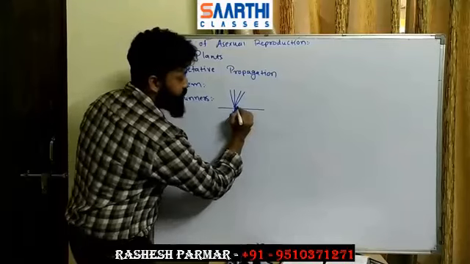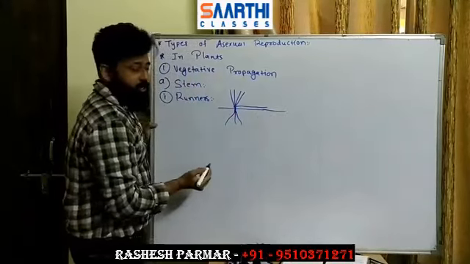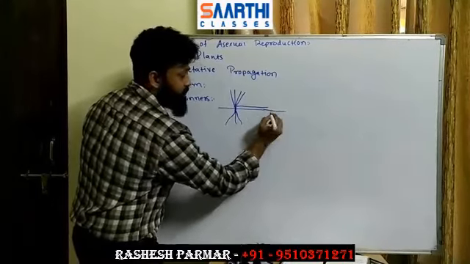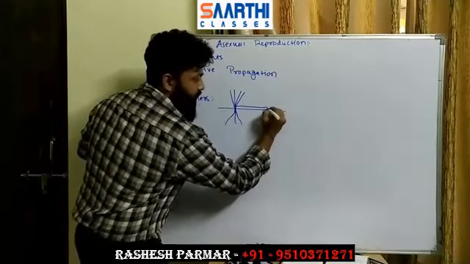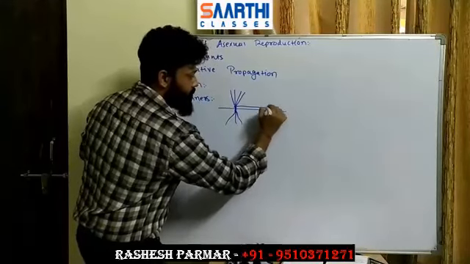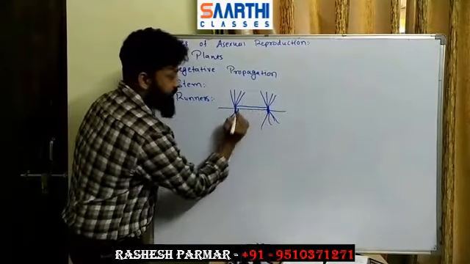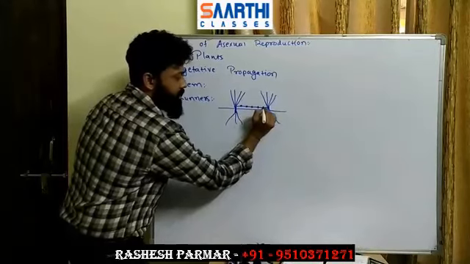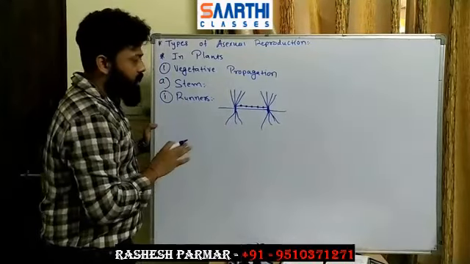One branch will grow horizontal to the soil surface, and whenever this horizontal branch touches the soil and gets favorable conditions, this branch will develop another plant over there. This branch contains many nodes, and it is a hard structure.